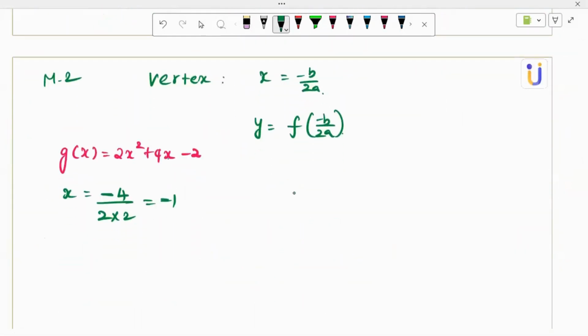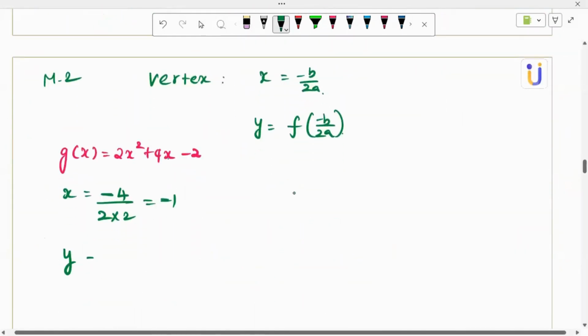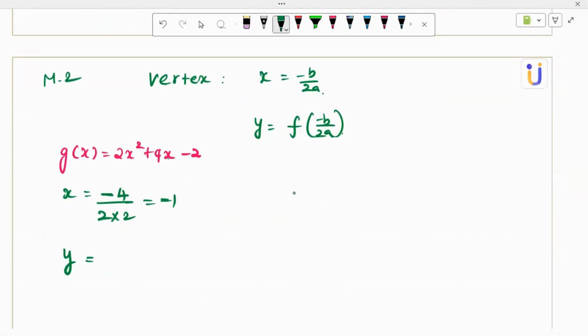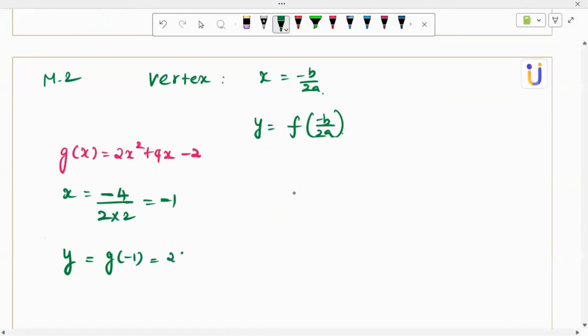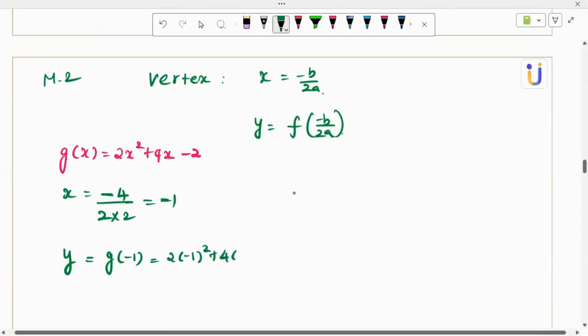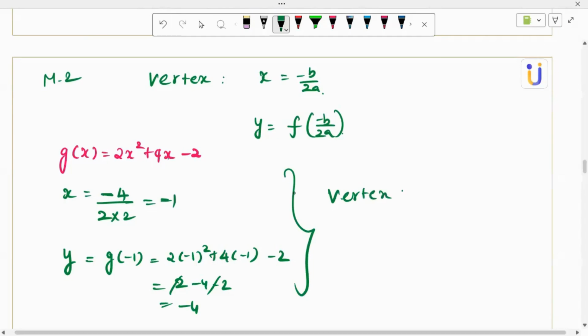And y is g of minus 1. Whatever your function, substitute into that function. So 2 times (minus 1) square plus 4 times minus 1 minus 2. And it is 2 minus 4 minus 2. 2 minus 2 cancel, minus 4. So my vertex is (minus 1, minus 4) in this way.